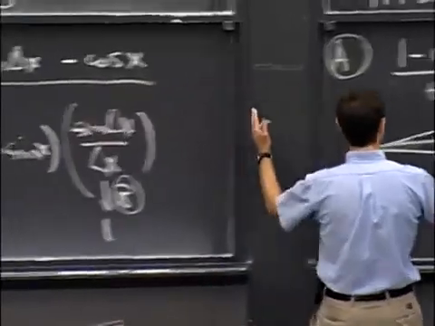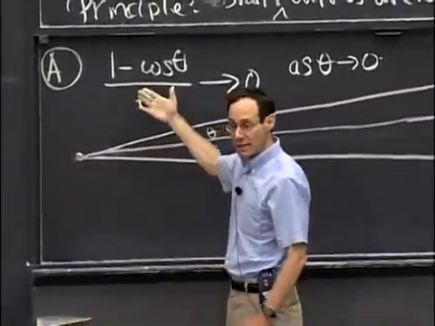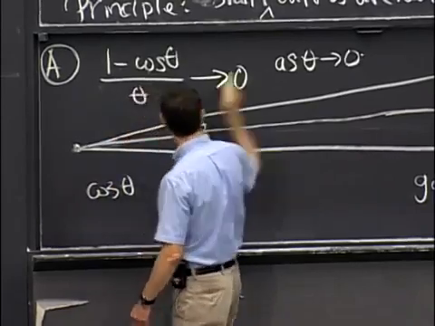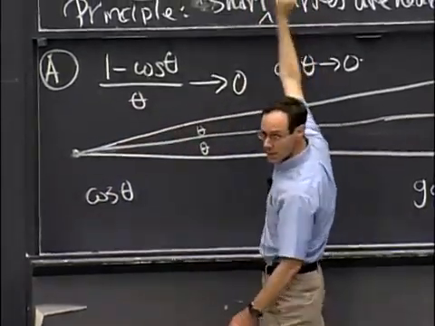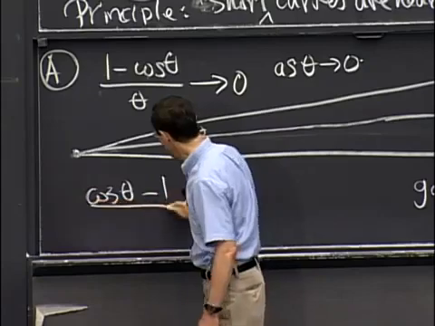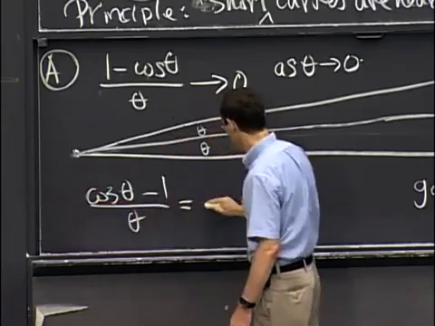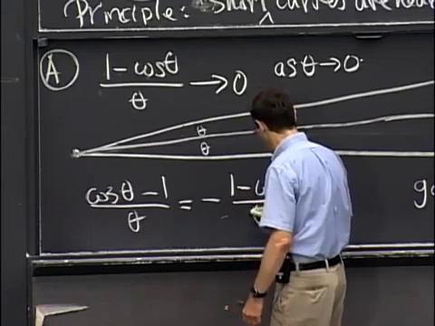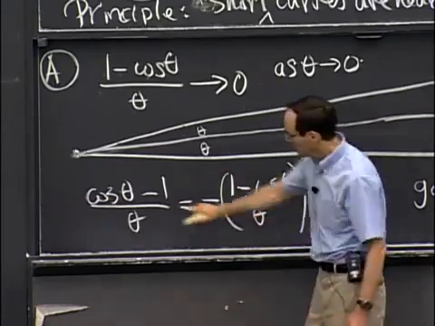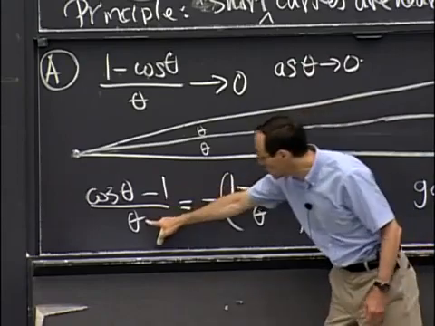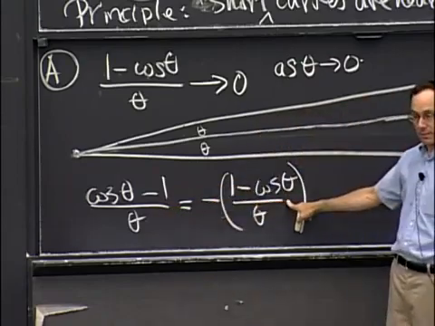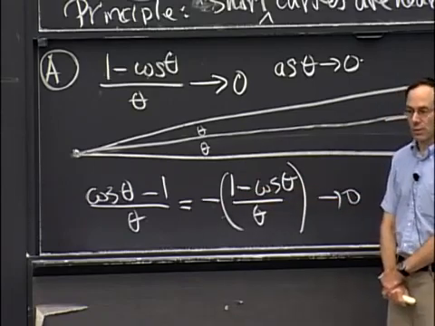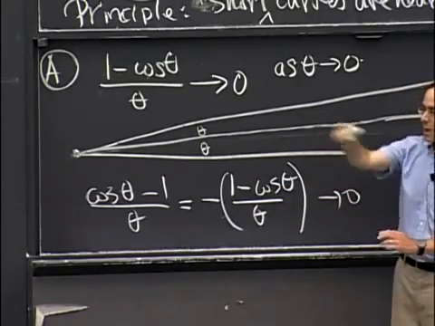Here, I wrote the minus of that. I replaced delta x by theta, but then I wrote this thing. So cosine of minus theta minus 1 is the negative of this. And if I show that this goes to 0, it's the same as showing the other one goes to 0.